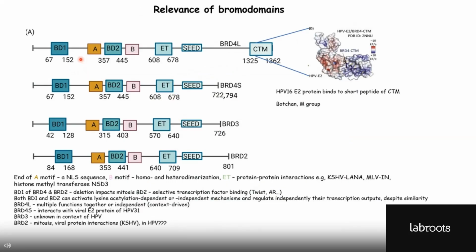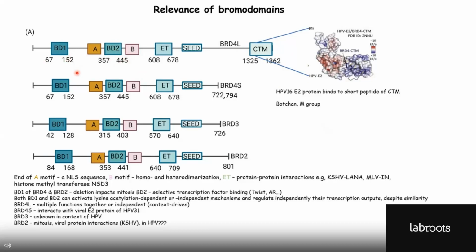So primarily, there are the BRD4 long isoform, the BRD4 short isoform, BRD3 and BRD2. The viral protein E2 was co-crystallized at the C-terminus end. A peptide of this was co-crystallized with the C-terminus end of the BRD4 long isoform.